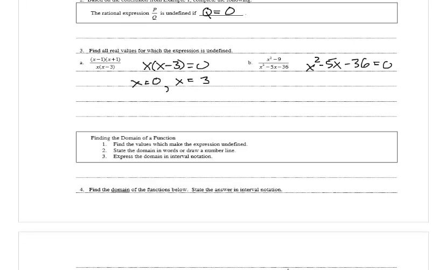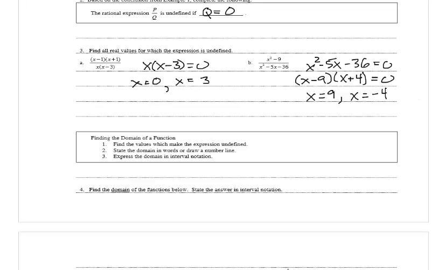Now I'm going to write this in linear factors, so I'm going to have x minus 9 and x plus 4 is equal to 0. And we can see that this expression is undefined at x is equal to 9 and x is equal to negative 4.